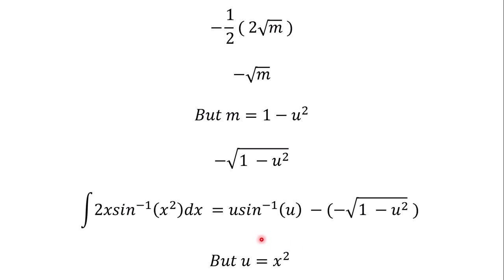Okay, so we are going back to the x word. Remember, I said the moment you are able to get your answer for a particular integral in a different word, quickly you have to go back to your x word, provided it's not a definite integral.